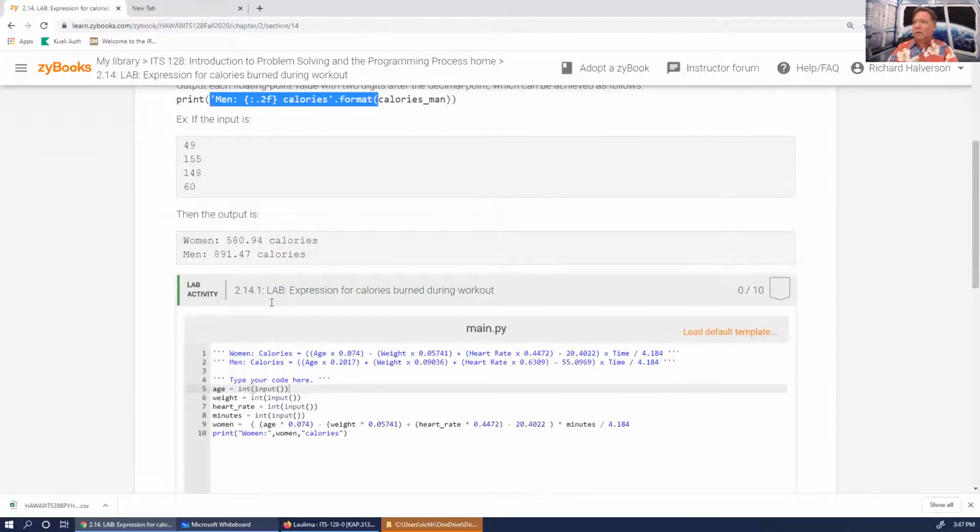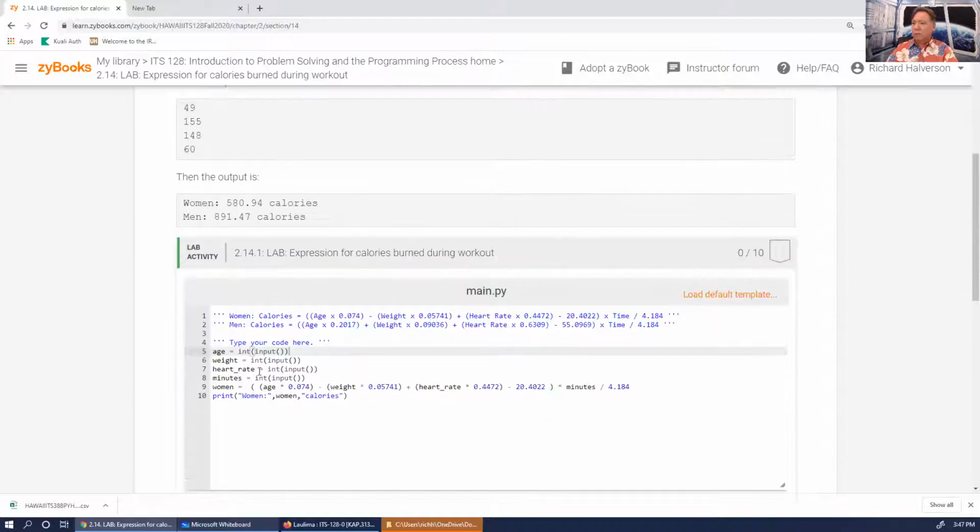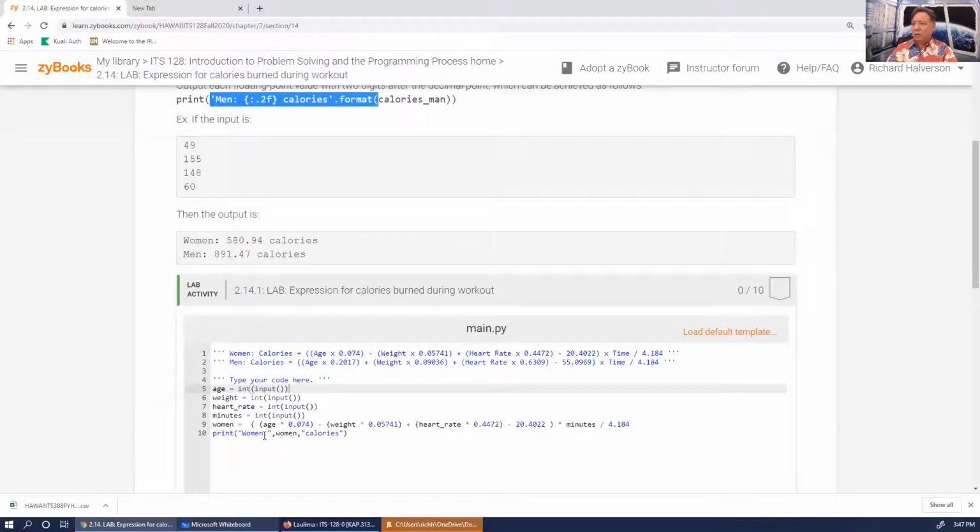No, okay, let's do this right. Quote, women, colon, dot 2F, 2F floating point, close the stat, calories, period, format, women.